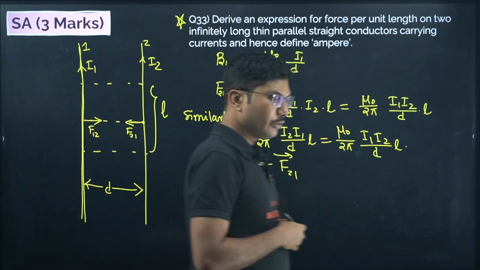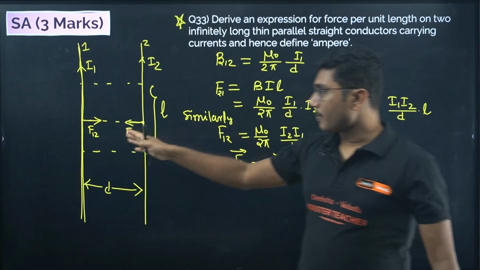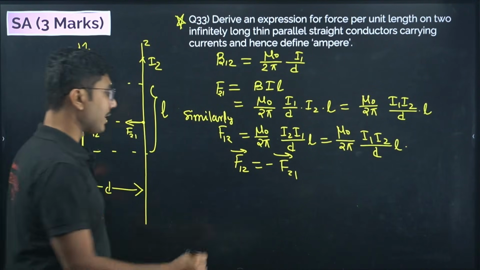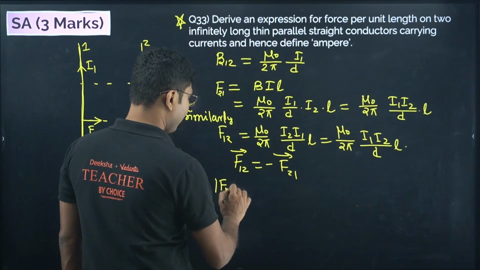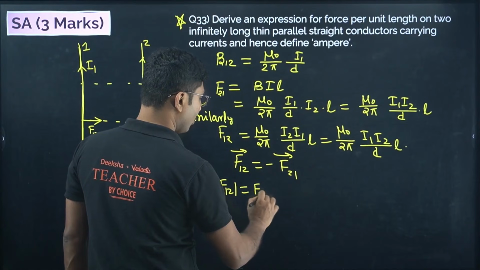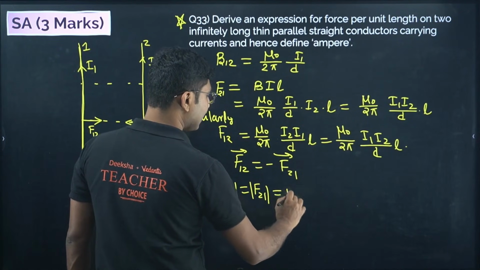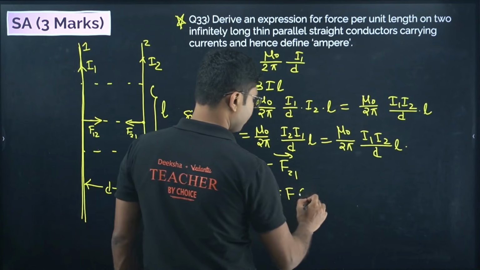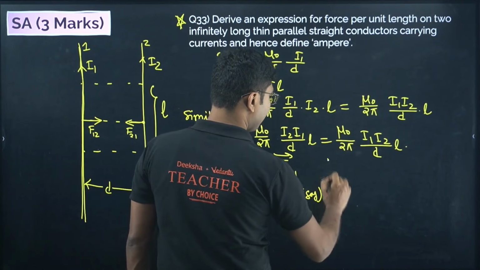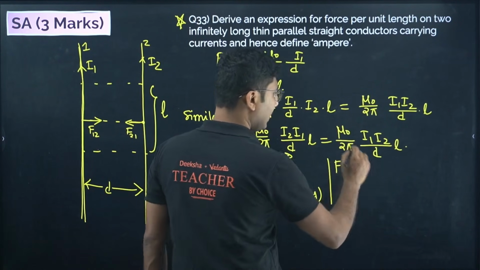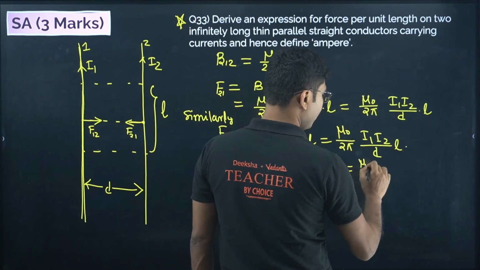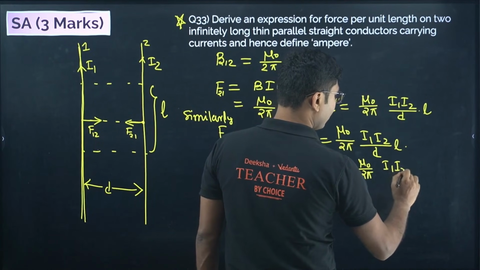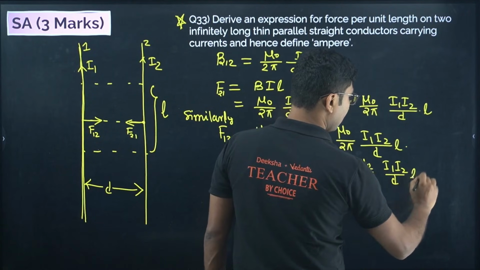If you apply this logic, they are in the opposite direction, but magnitude wise F12 equals F21, and say that is equal to F. So what is the value of F? F is given by this expression, mu naught by 2 pi I1 I2 by D into L.